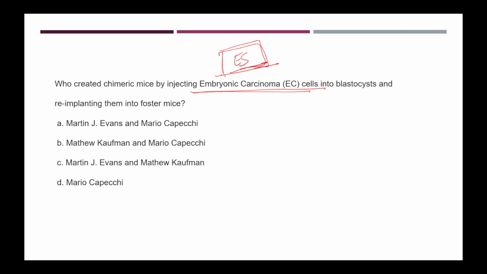This concept was discovered by Martin J. Evans, and then with the help of Matthew Kaufman, he fused this embryonic carcinoma cell into the blastocyst and reimplanted them into the foster mice to make the chimeric mice. So the correct option will be this one. Okay, Martin J. Evans with Matthew Kaufman.